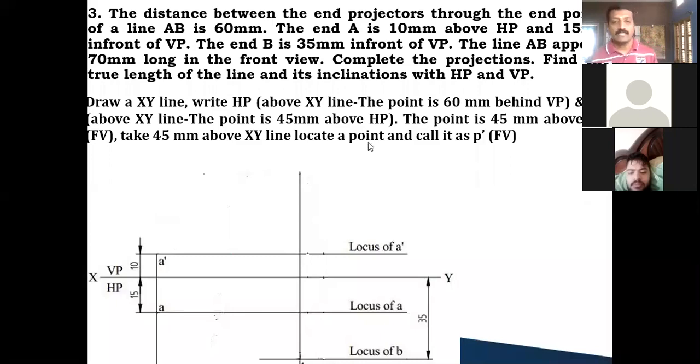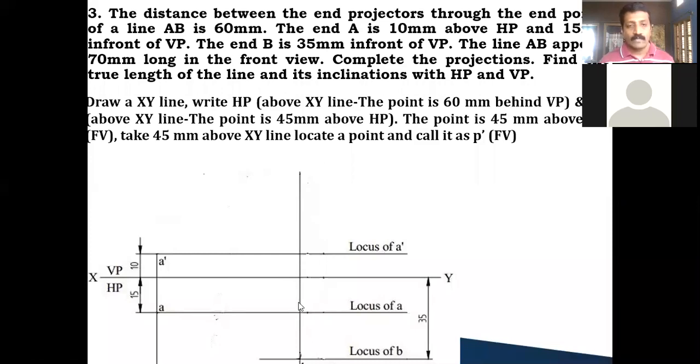After getting this locus of B, draw the horizontal projector line. The end projector distance he has given is always measured perpendicular to it. So if the line is like this, the perpendicular distance is given over there. Already point A and A dash you have fixed. So from here you take 60 millimeter distance and draw one vertical projector line.